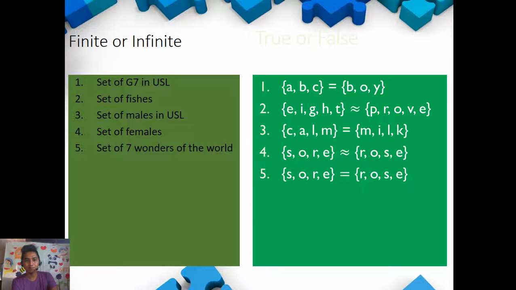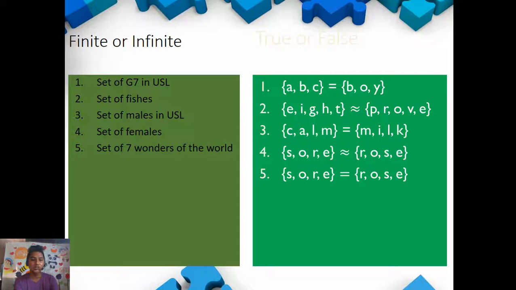This one. We identify if it is finite or infinite. Set of grade 7 in USL. Is it finite or infinite? It is finite. Okay, so we have a limited grade 7 in USL. It has an ending. Next, set of fishes. Is it infinite or finite?